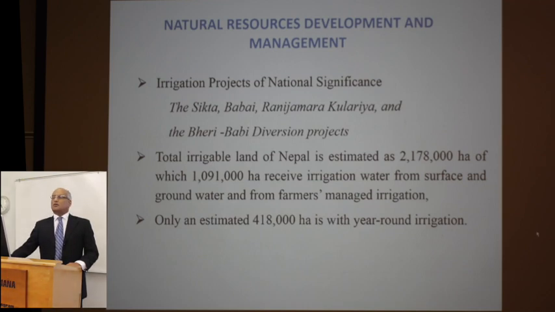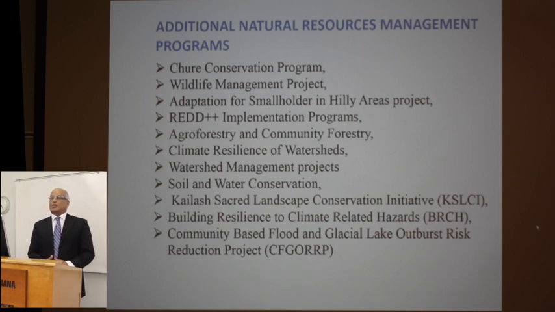So there is still a long way to go for agricultural development, and especially some programs are very crucial for agricultural development, such as soil and water conservation, agroforestry and community forestry, or some watershed management practices, etc. These many programs are in other ministries than the Ministry of Agriculture.